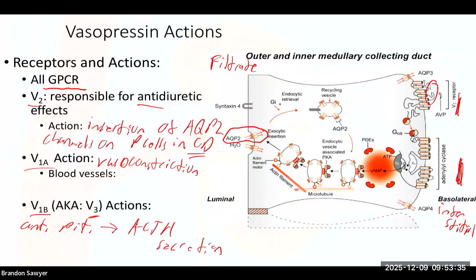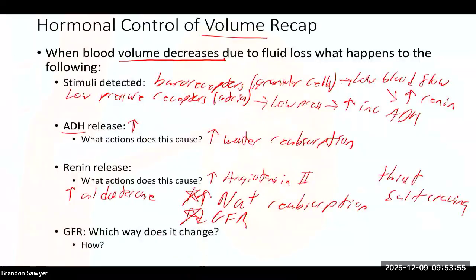This is the big one: bringing back the water. But it's also a vasoconstrictor, so vasoconstriction is a part of that as well. And it causes some ACTH release, which is then going to cause some aldosterone release. That's a minor effect. But the big ones are water reabsorption as well as some vasoconstriction.